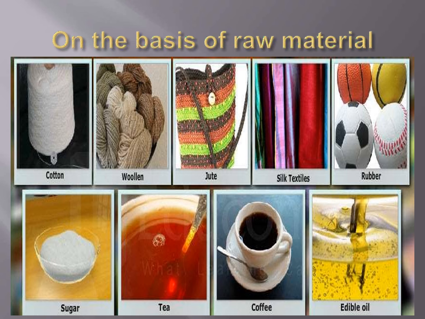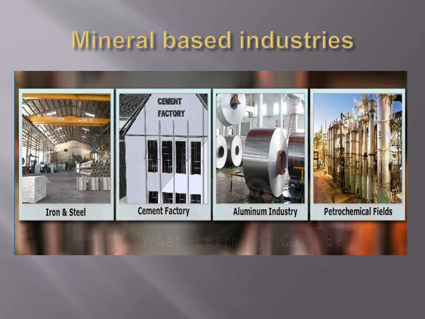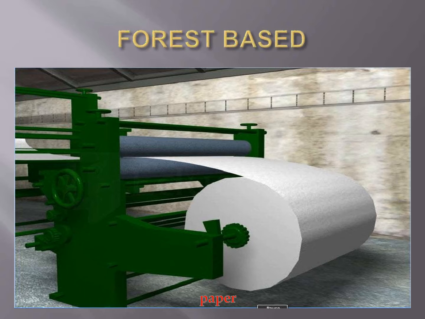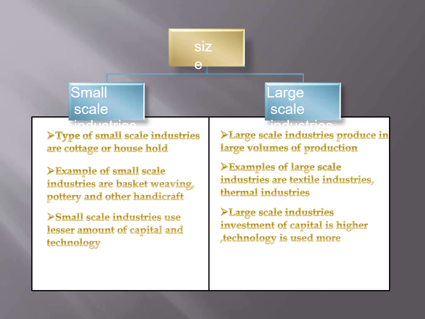The next, this is a picture we can clear with this: mineral based, marine based, and forest based. The next is size. According to this, industries can be classified into small scale and large scale. The name itself is telling us that small scale means it can be basket weaving, pottery, handicraft.